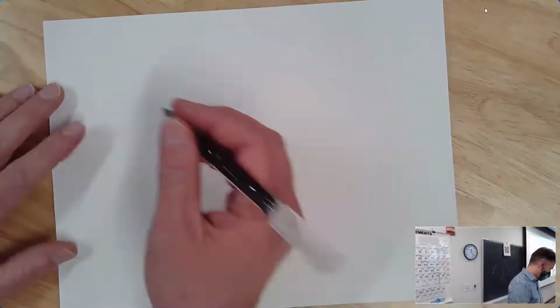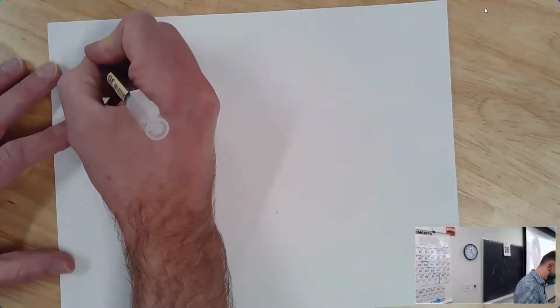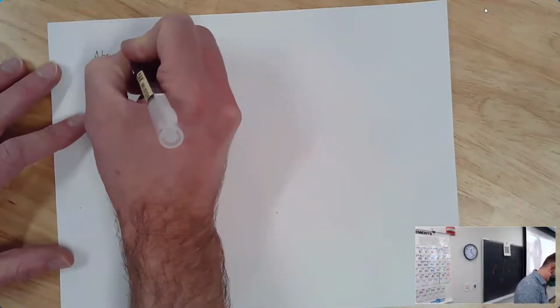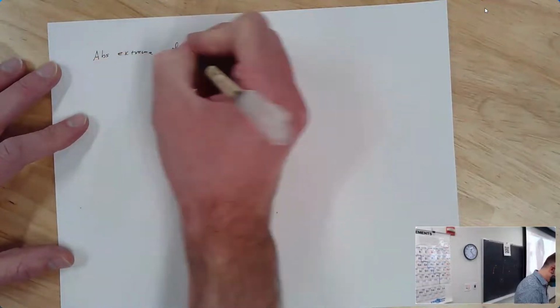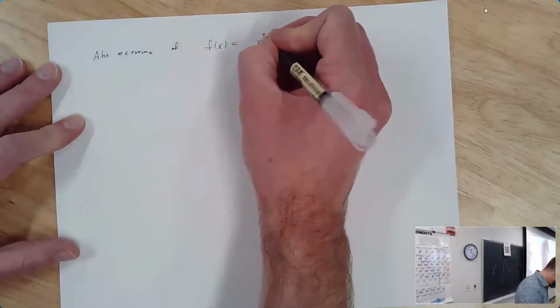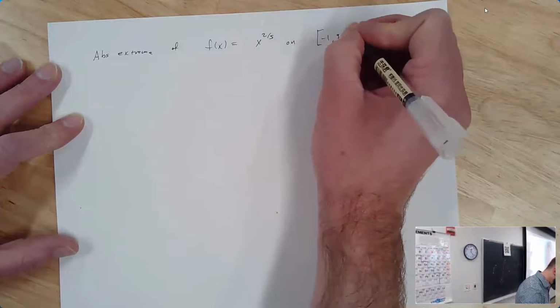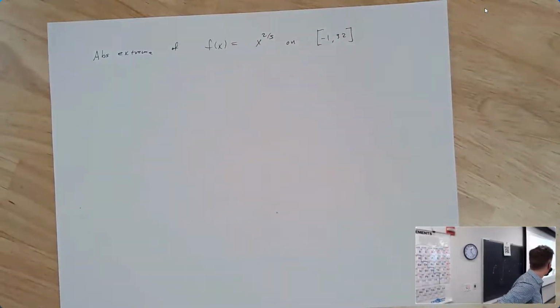So let's say we want to again find absolute extrema of this function f of x equal to x to the 2/5 on the interval from -1 to 32. All right.